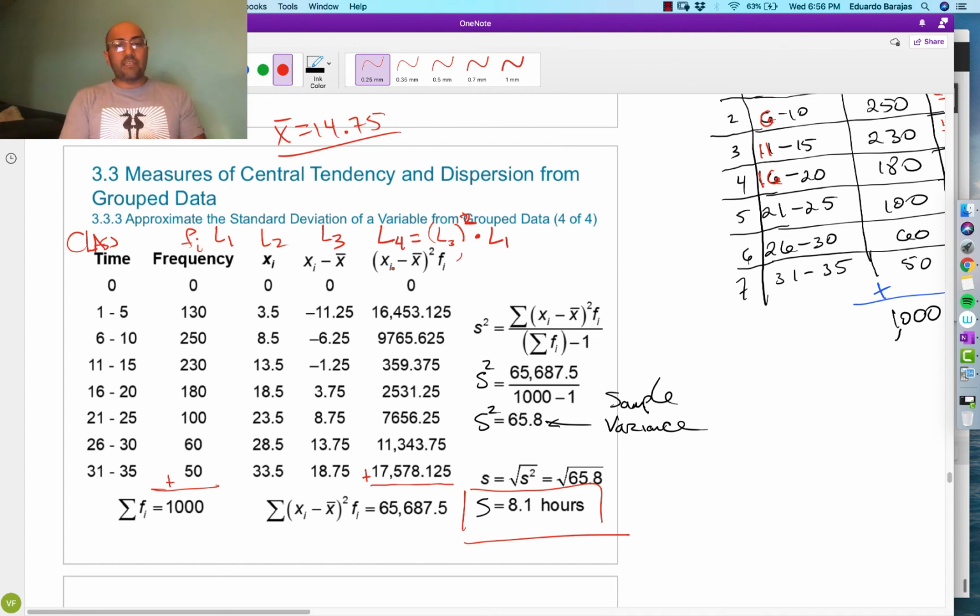You want to take advantage of our column operations, but that is what I consider doing it by hand, doing it the long way. If I presented something like this on the test, I would give you one of these kind of made out tables already for you to fill in the rest. So I would at least give you a table that has the classes, the frequency, and then maybe the rest would be empty.